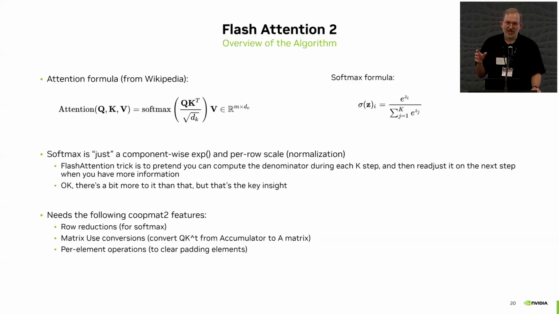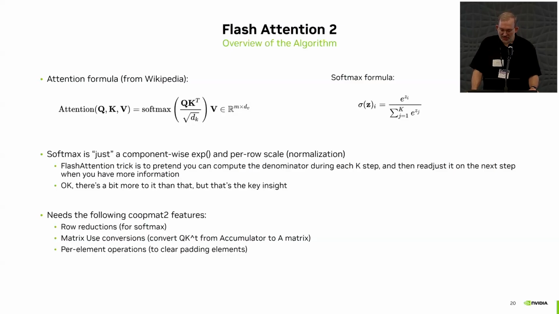And softmax here, it's these exponentials, and it's basically normalizing rows of the matrix where the denominator is this sum of exponentials. So normally if you implement attention, it's two matrix multiplies and this softmax thing, and all these intermediate values need to be written out to memory. And so that's the big expense doing this, is all the bandwidth.